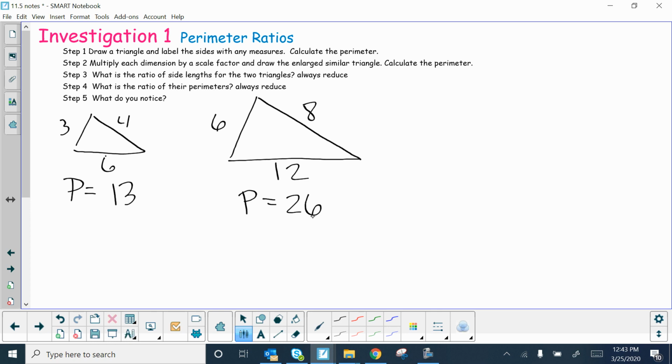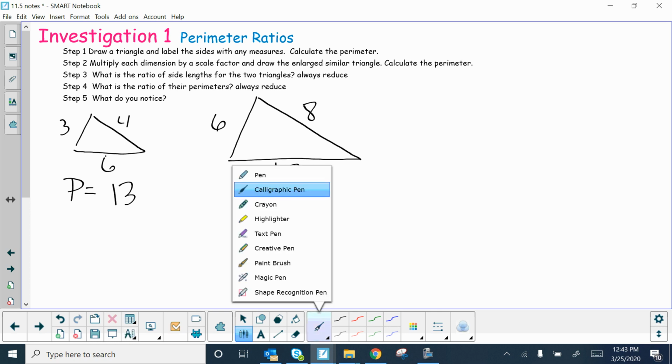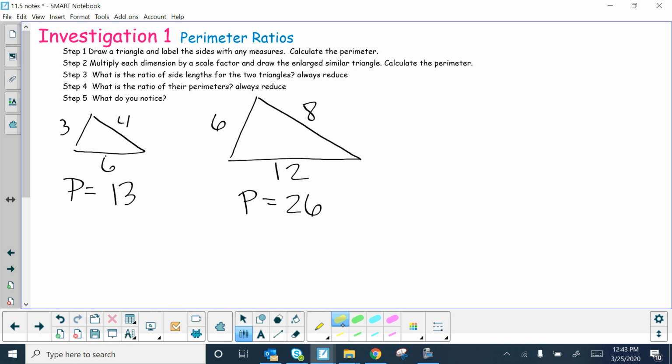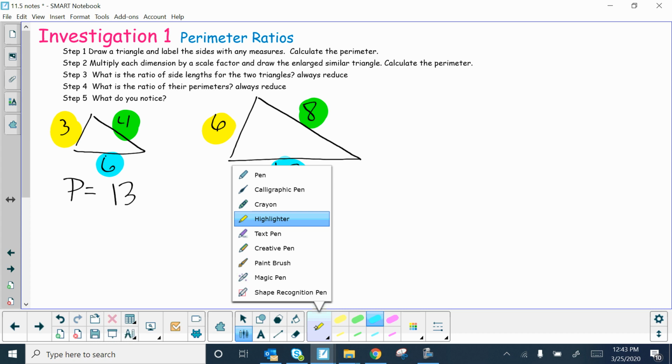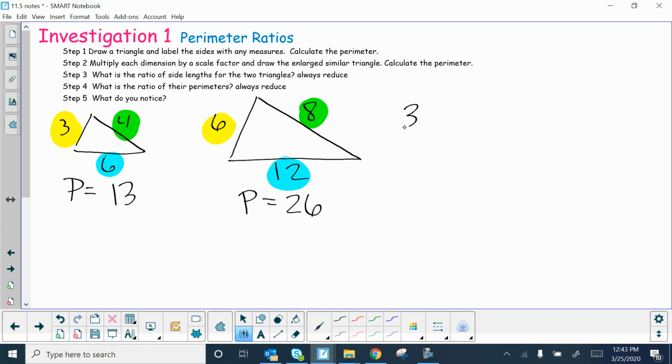Okay, so it says what's the ratio of the side lengths of the two triangles? Okay, so I'm going to highlight just these two sides, 3 and 6, and then 4 and 8, and then 6 and 12. So when we look at that ratio, 3 to 6 is that first ratio.